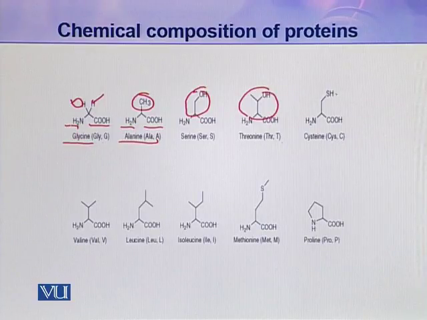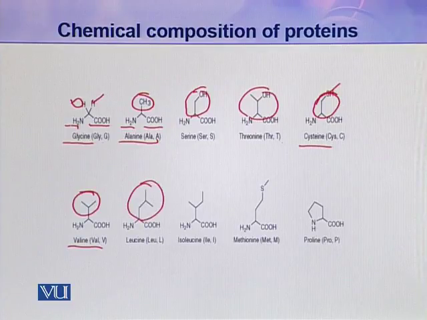Then there is cysteine. This is the R group of cysteine. And in cysteine you can see here sulfur is present. So cysteine is a sulfur containing amino acid. Then there is valine. Here the R group is this. Then leucine, the R group is this. Isoleucine has an R group like this.